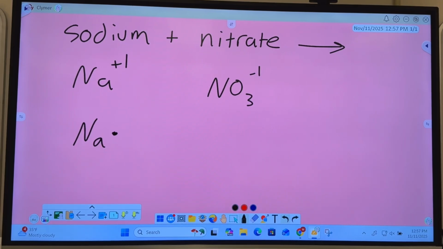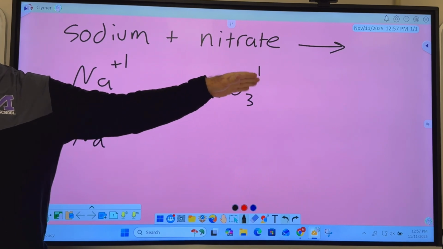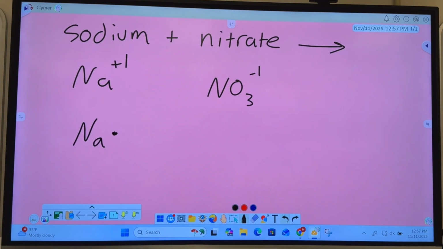How many dots would you put around chlorine? 7. Why? Well, what does the -1 mean? It needs one. Well, basically, nitrate also needs just one, right? Based on the charge of it, it's looking for one electron.